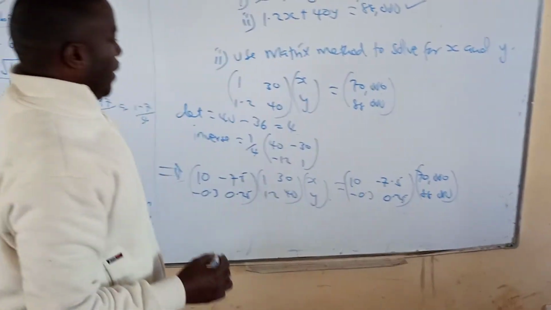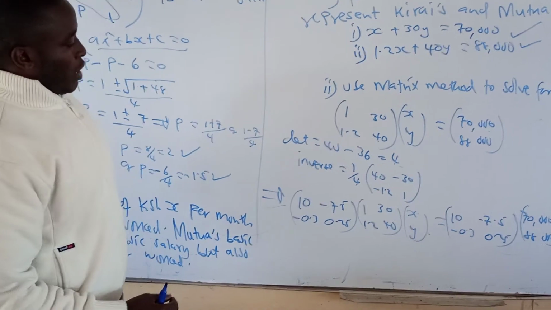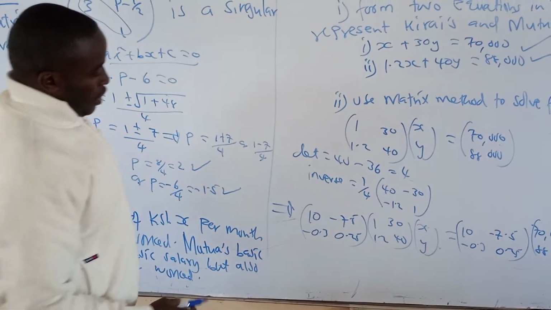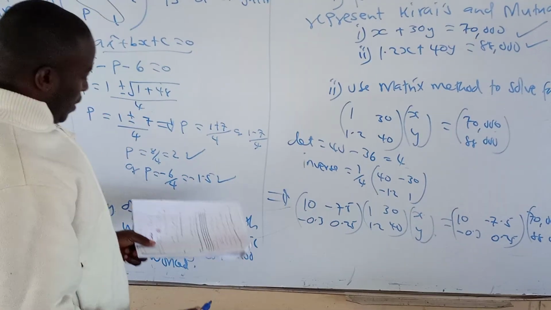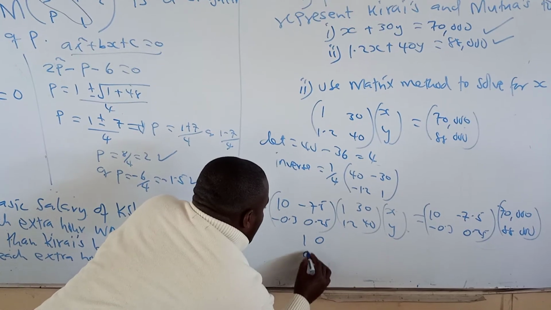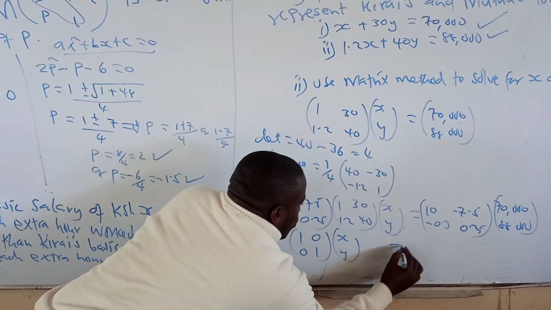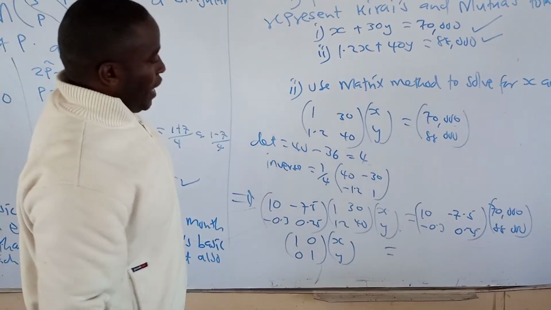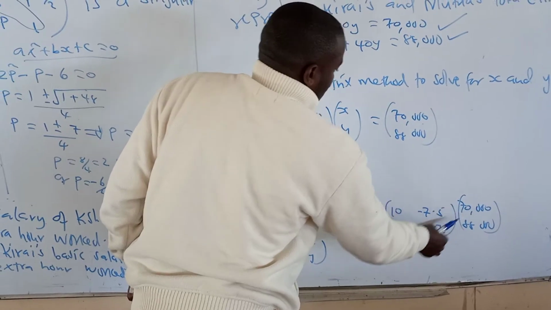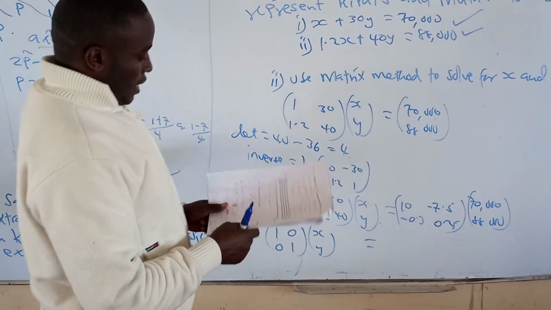When we talk about a matrix times its inverse, it gives an identity matrix. We know the identity matrix is 1, 0, 0, 1. So xy will be equal to multiplying here: we start with 10 times 70,000 plus negative 7.5 times 8,000.